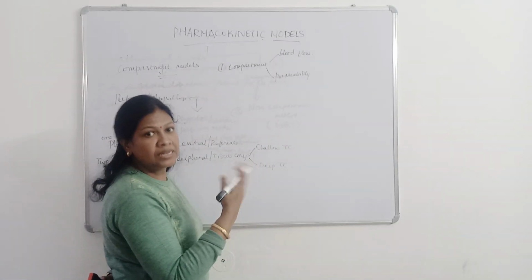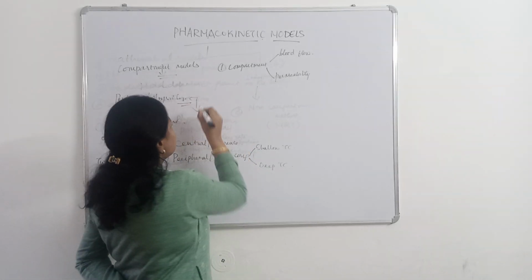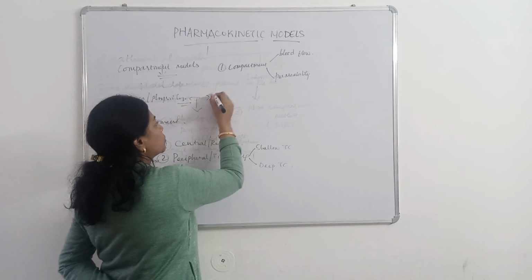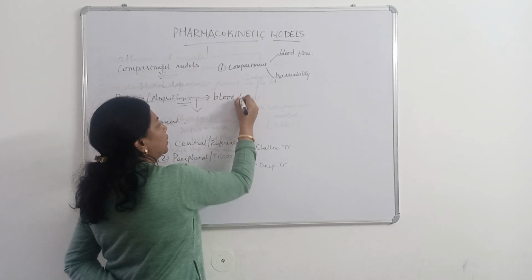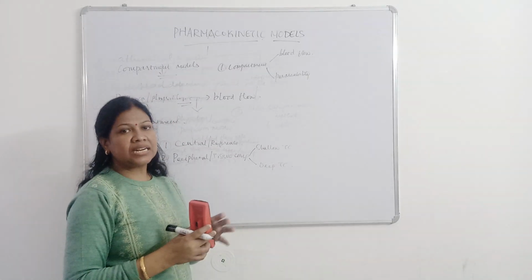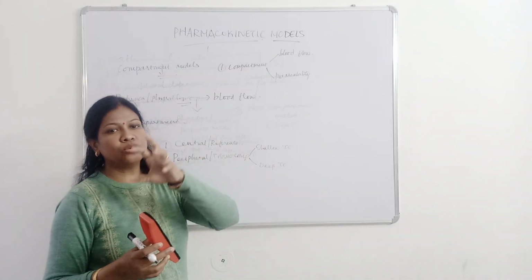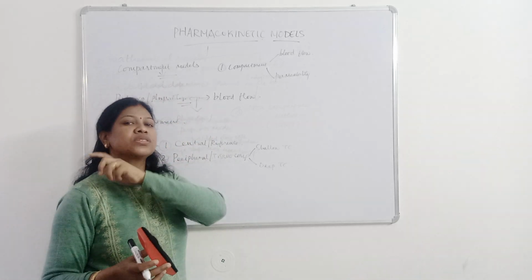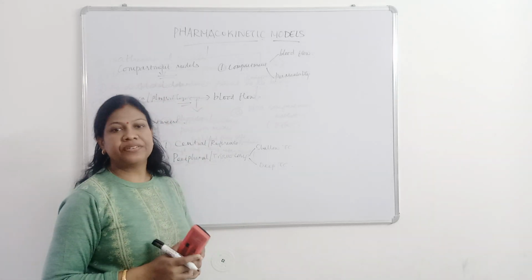These are the compartment models. I will explain them in detail in my next video. The next model is the physiological or perfusion model. This model is solely dependent on the blood flow. We have arteries to carry oxygenated blood to different organs and veins to remove the deoxygenated blood from the different organs.